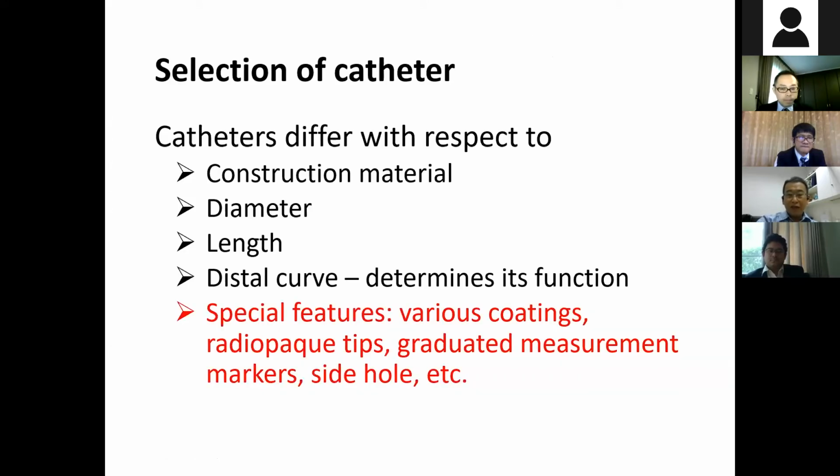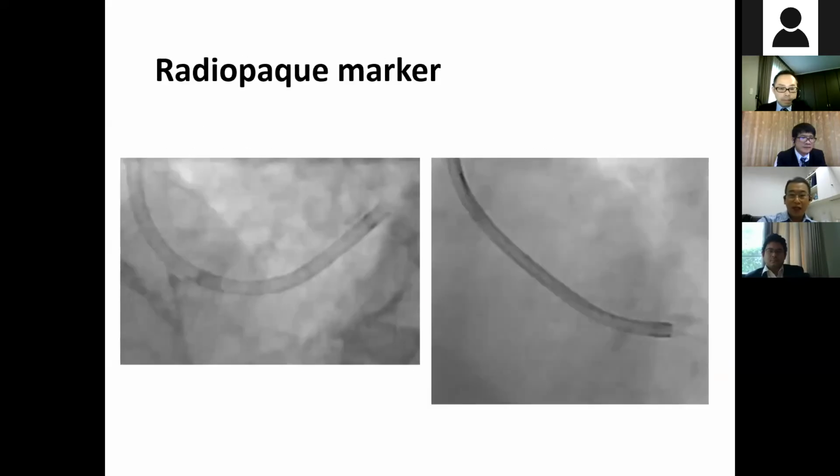The last feature is maybe the combination of the coating with the radiopaque tip and the side hole, etc. One point that I would like to mention is that not every catheter in the market has the radiopaque marker at the same place. Some catheters may have a radiopaque marker a bit away from the tip, but some will be exactly at the tip.